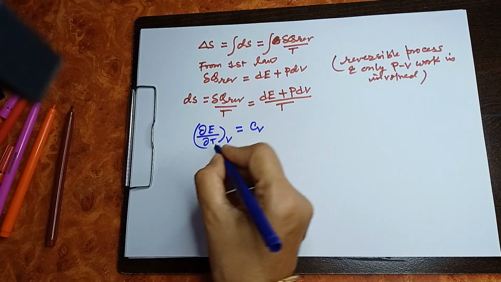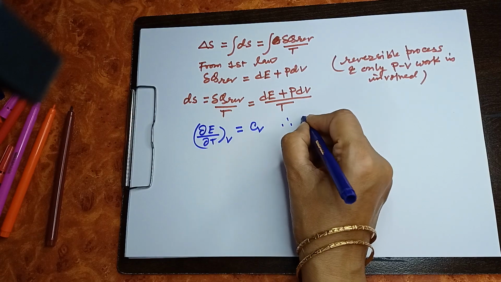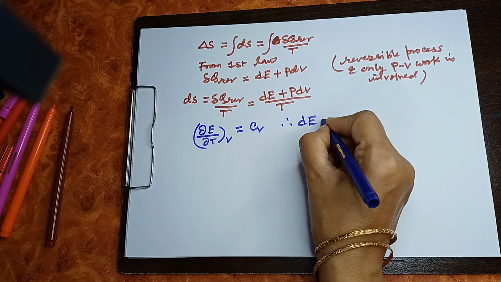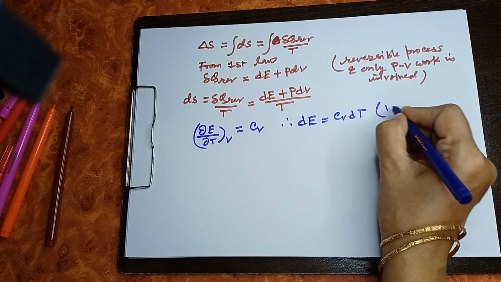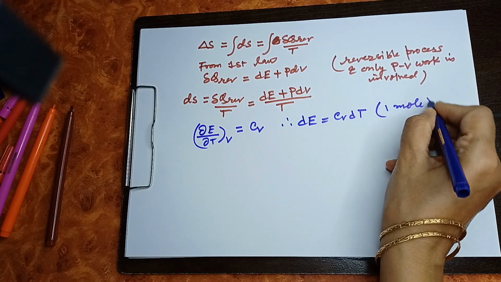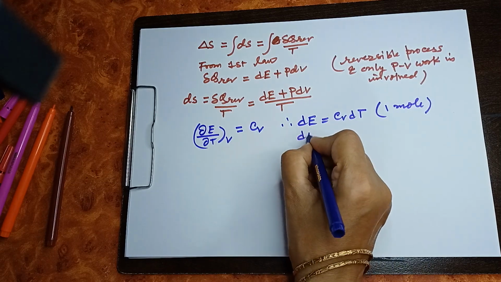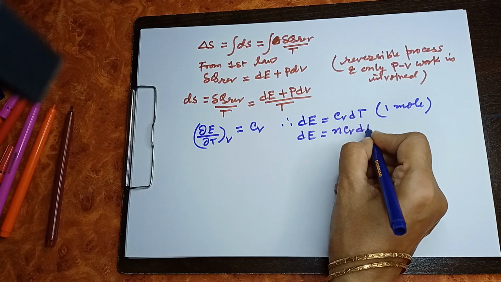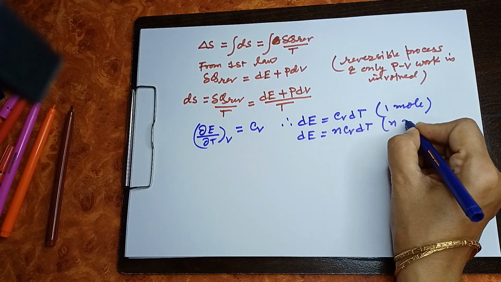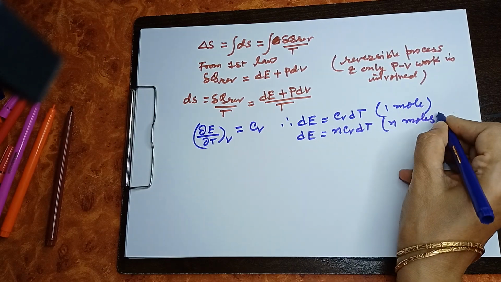So therefore dE is equal to Cv dT, that is for 1 mole. So for n moles, dE is equal to nCv dT. This is for n number of moles.